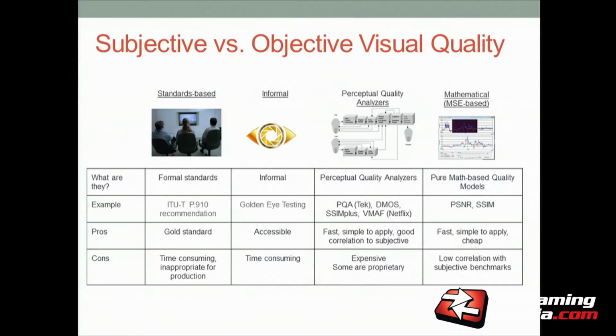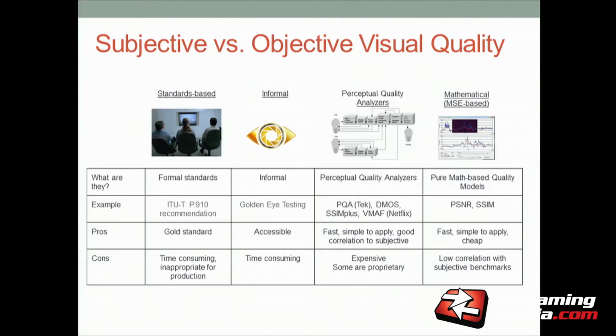And then moving into what I'm going to call perceptual quality analyzers. What these tools do, and we'll see this in more detail on the next slide, is they try and measure the actual error between the original source video and the compressed video, and then they try and evaluate that using different measures that relate to how people perceive video. So it's not just a measure of the error between the original video and the compressed video.